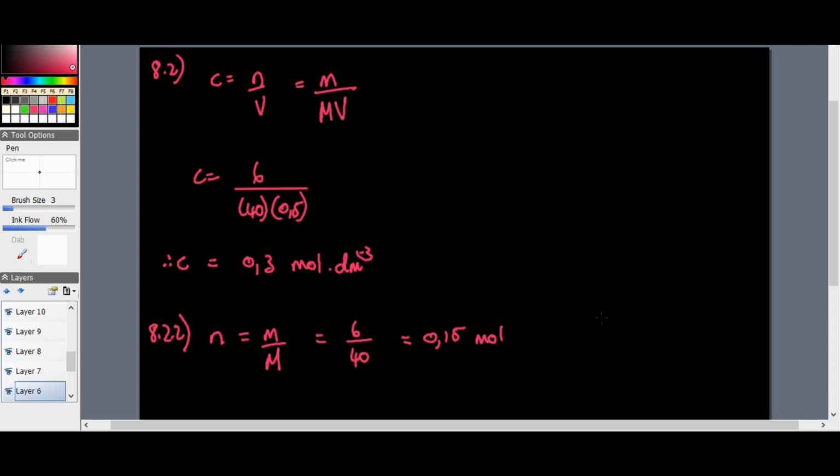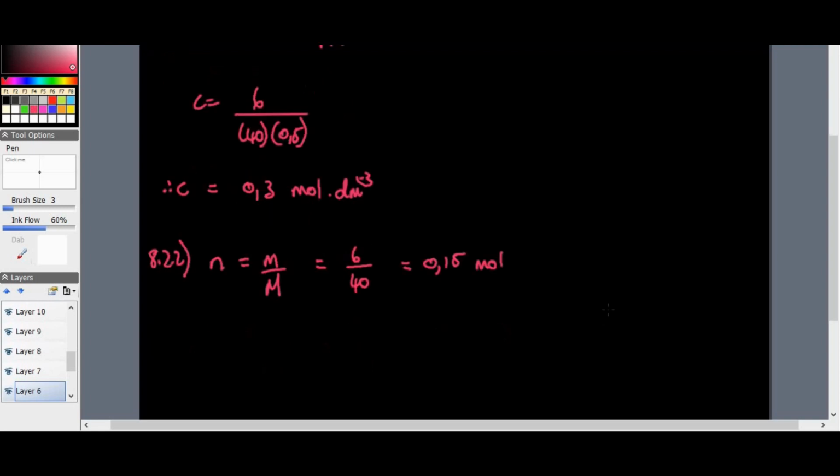Now the ratio, if you just come underneath here, maybe write that in another color, the ratio of sodium hydroxide to NH4Cl, because we have nothing for NH4Cl, so we know that the ratio is 1:1.